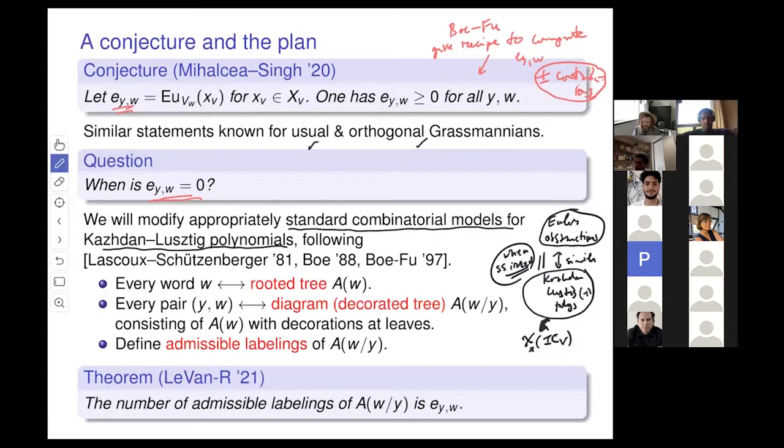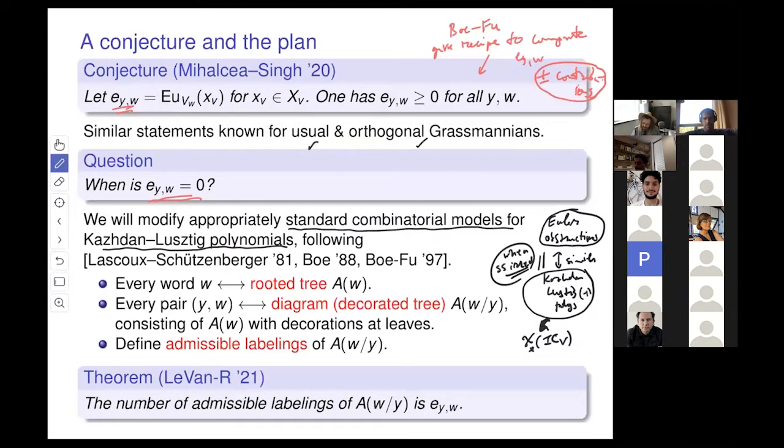So whenever you have irreducible characteristic cycles, you compute Euler obstructions directly from Kazhdan-Lusztig theory, and then we know enough to establish positivity. So this is why these other cases were slightly easier.